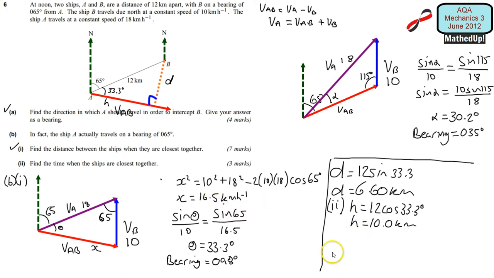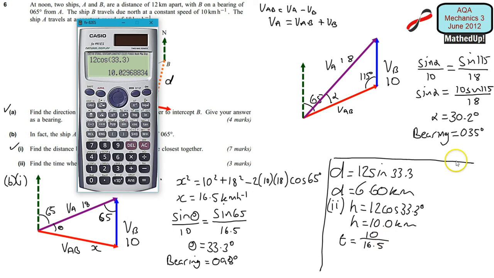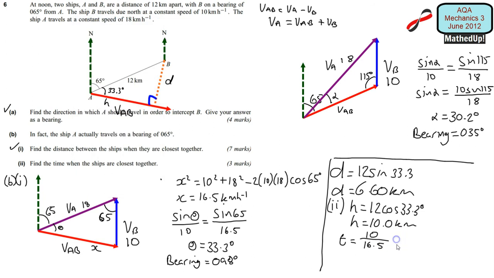So my time is going to be equal to 10 divided by 16.5, and that gives me 0.608, and that's going to be in hours.